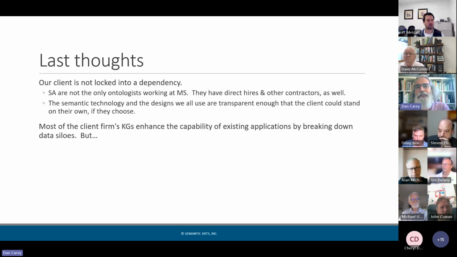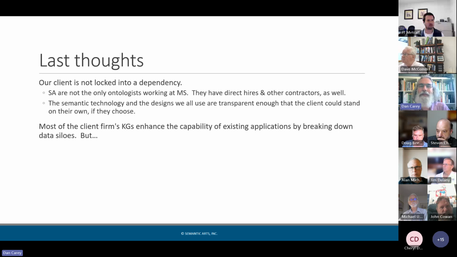We'd note that most of the knowledge graphs that are currently in place are enhancing the capability of existing applications. We're bringing data in from those existing applications, but we do not come in looking to replace an application.